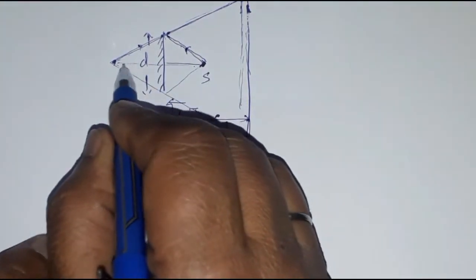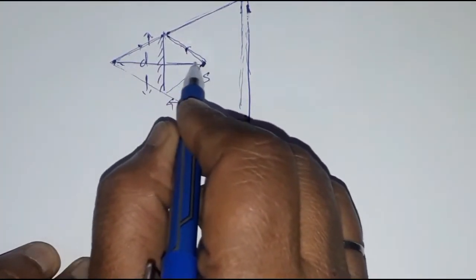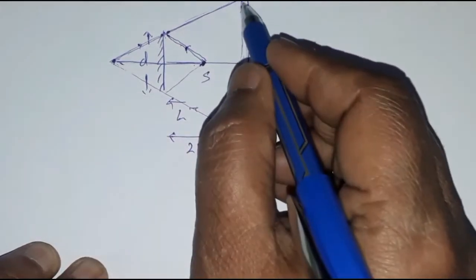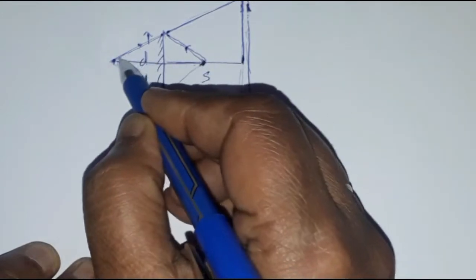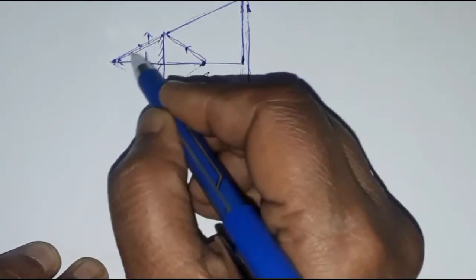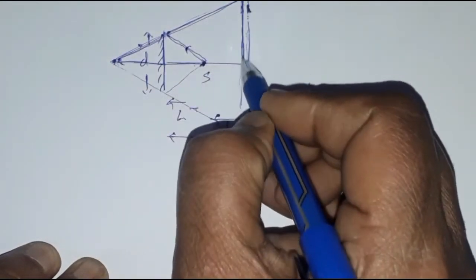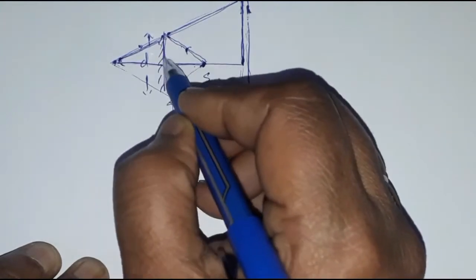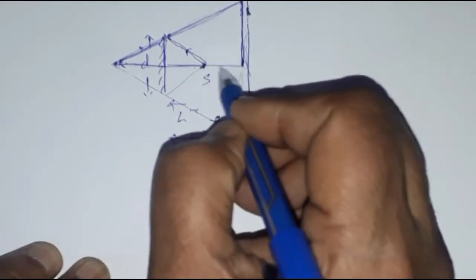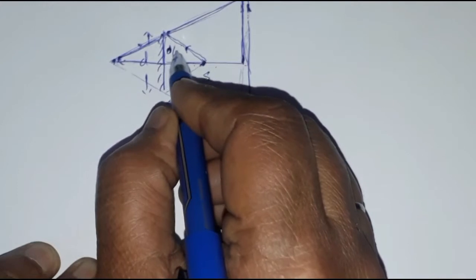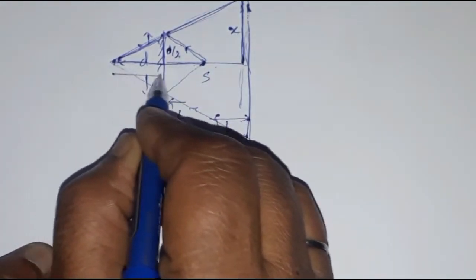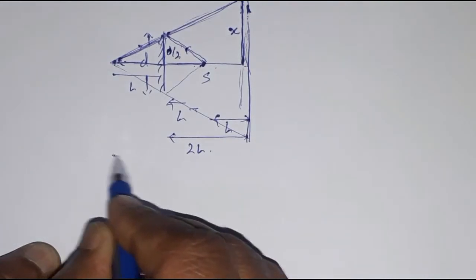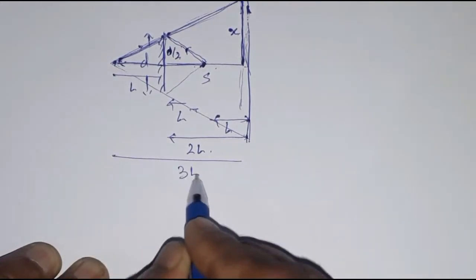By seeing this triangle and this triangle, these two triangles are similar. If this is D by 2 and this is X, you know that this is L and this is 3L.